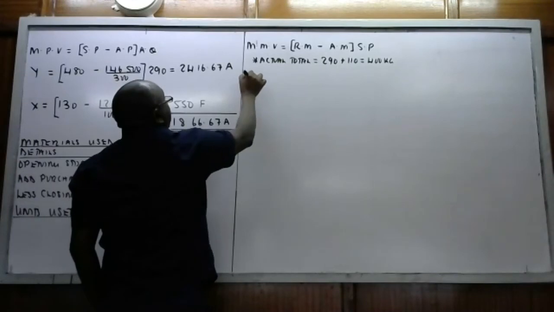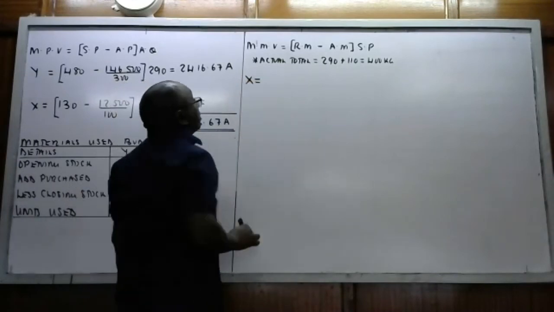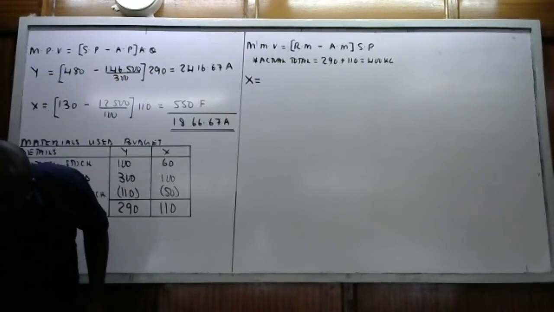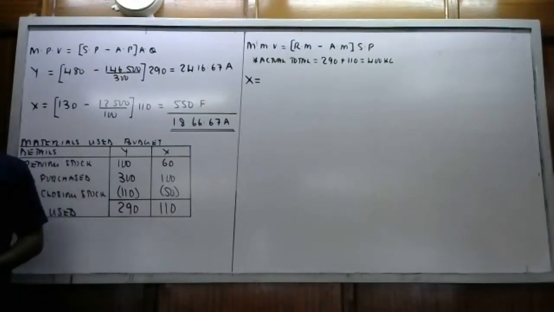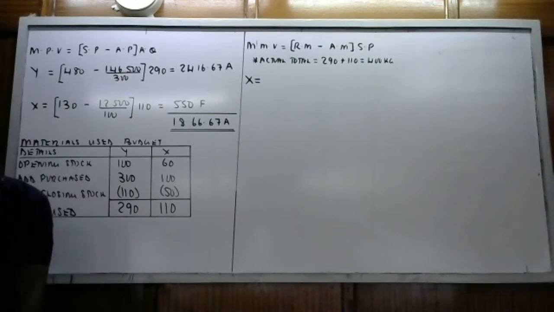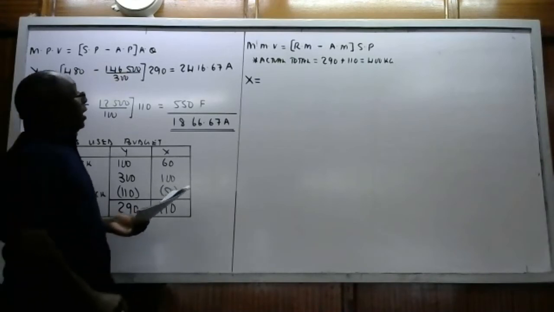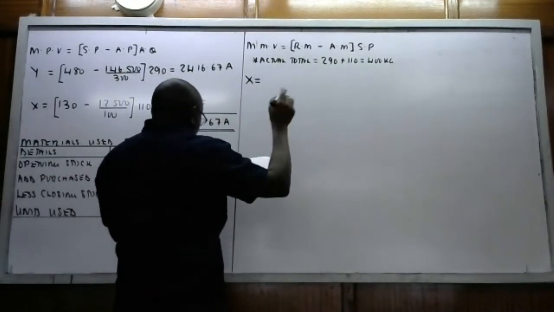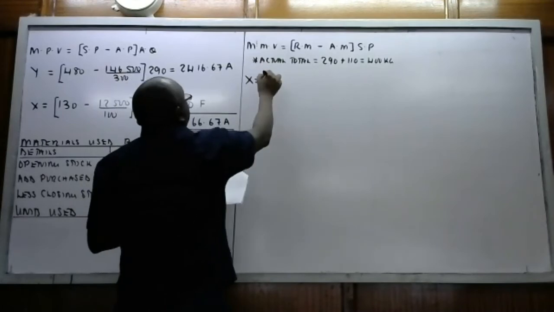So now for material X, according to the standard mix, there is 70%.